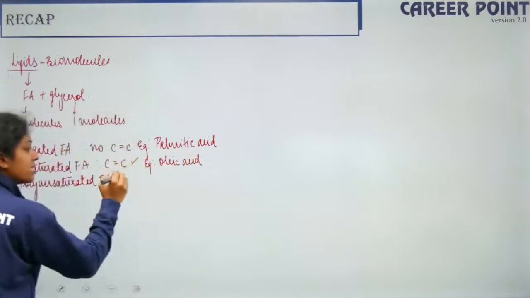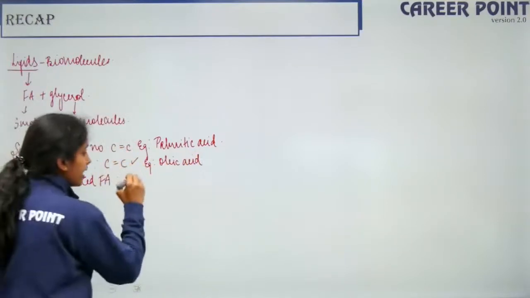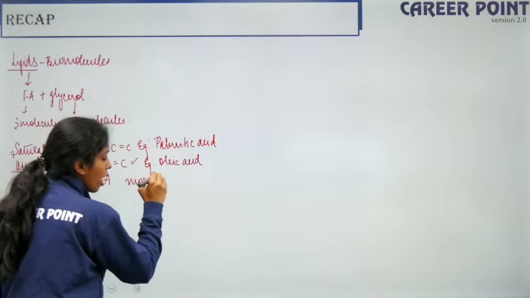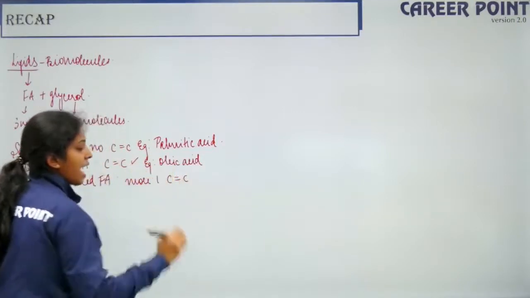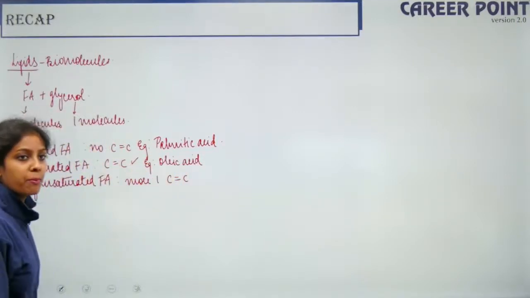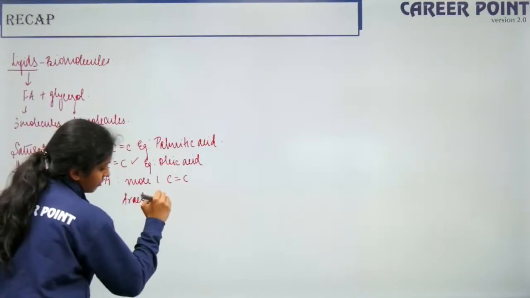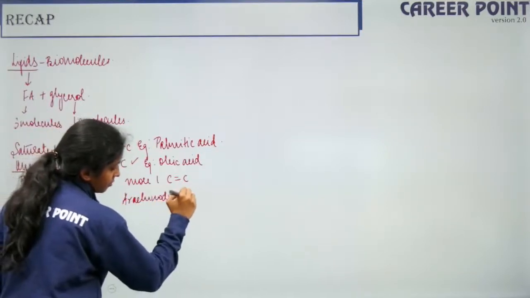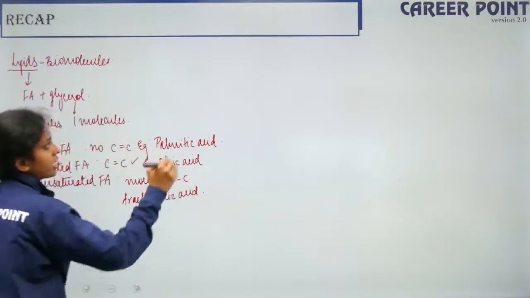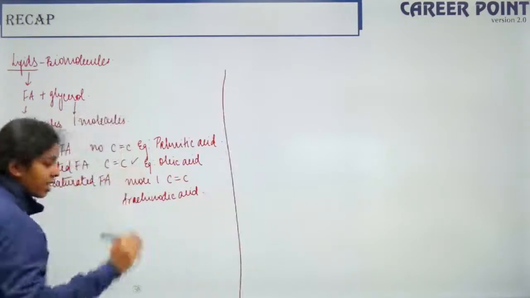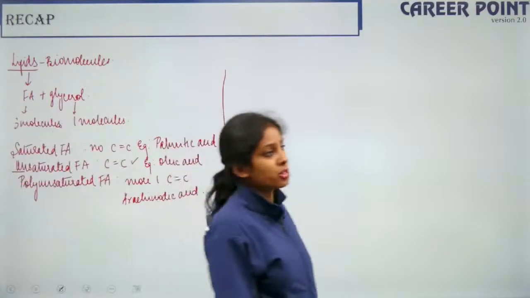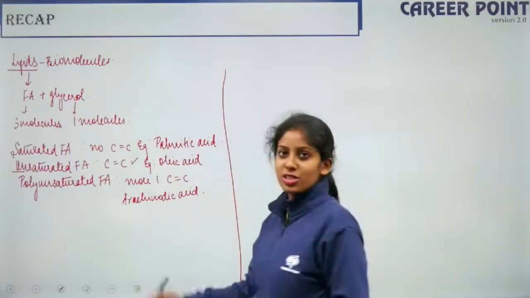Polyunsaturated fatty acid means they have more than one carbon-carbon double bond. An example is arachidonic acid. Ma'am, this is all fine. Now tell us which is good fat, which is bad fat, and that's a billion-dollar question sometimes when I ask the students.